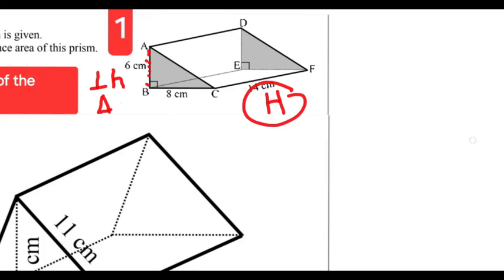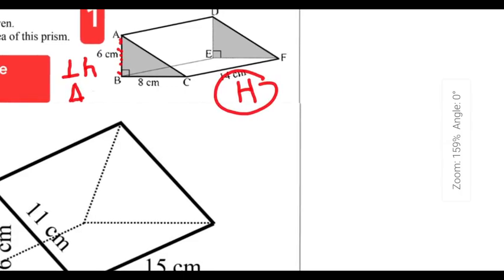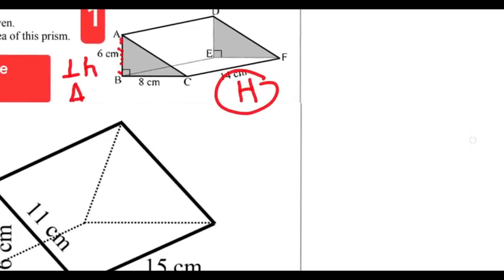So now we're gonna apply the formula to solve this surface area. The surface area of triangular prism is equal to, we need the three sides. One side is missing here.